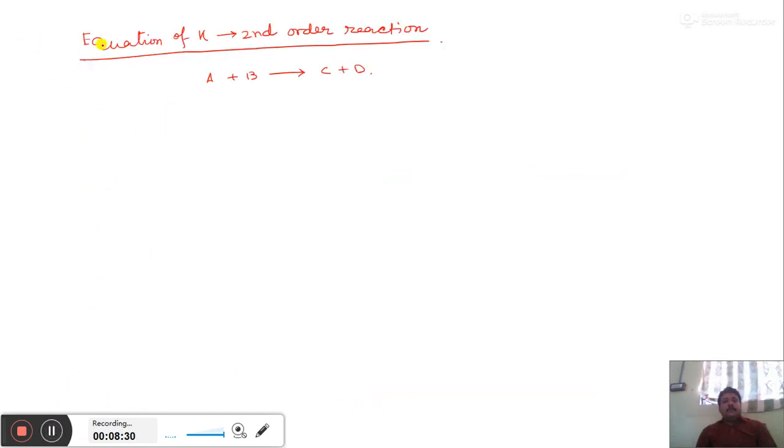Again we derive an equation of the rate constant k for a second order reaction. Sometimes a second order reaction is expressed in this type: a plus b arrow c plus d, where the initial concentrations of a and b are not the same. Let at t is equal to 0, the molar concentration of capital A is small a and the molar concentration of capital B is small b, and the molar concentration of C and D is 0.